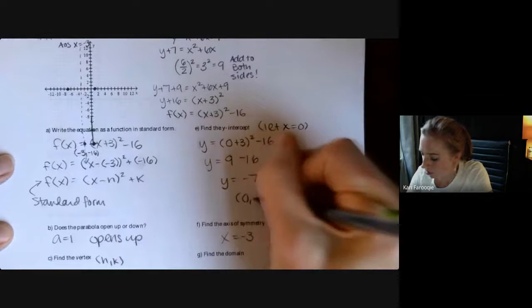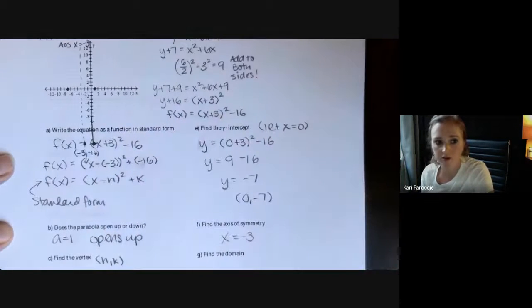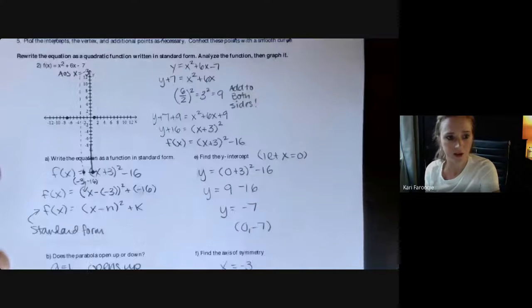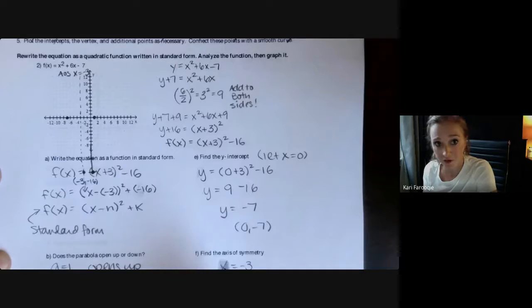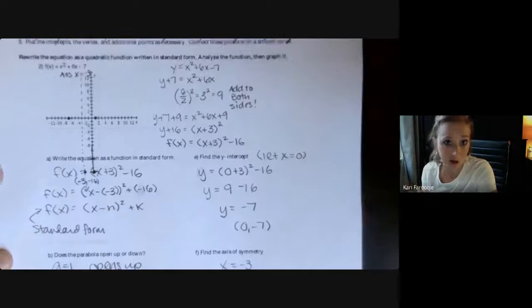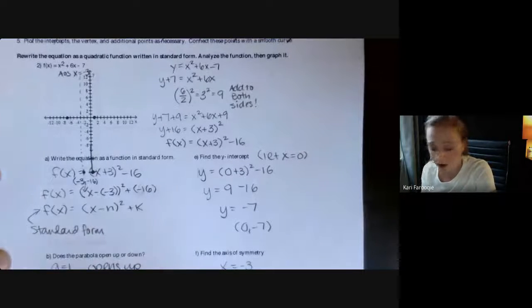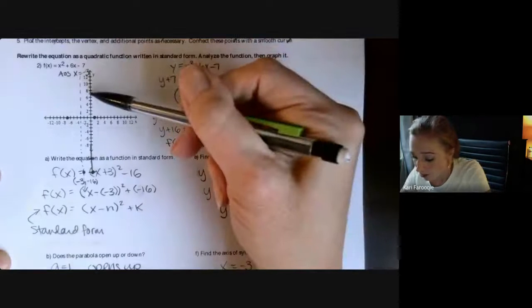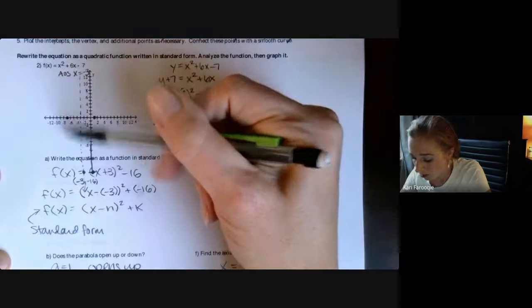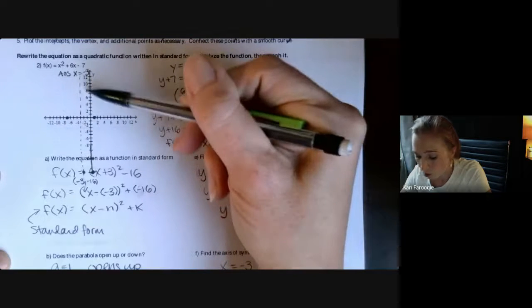And this is actually looking really good because that makes sense to me that our y-intercept would be -7. If you ended up getting a y-intercept that was something like positive 7, alarm bells should be going off for you in that instance. If your y-intercept was +7, that would not make any sense because your parabola can't go down and then go up and then cross back over again.